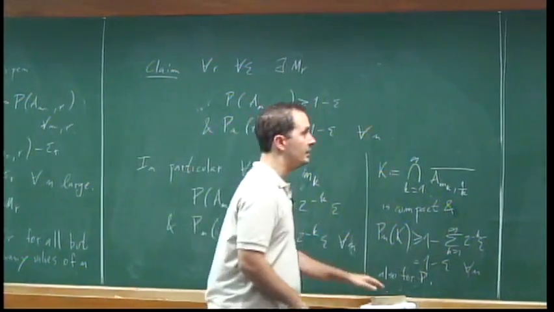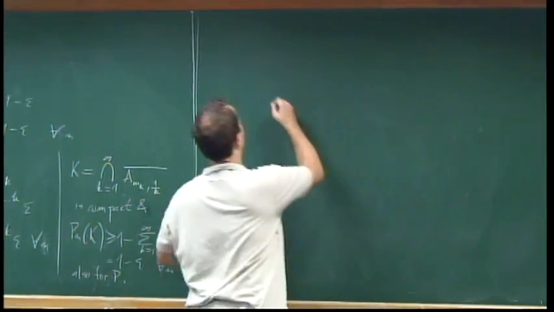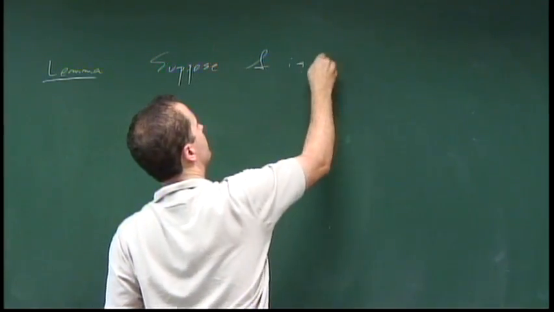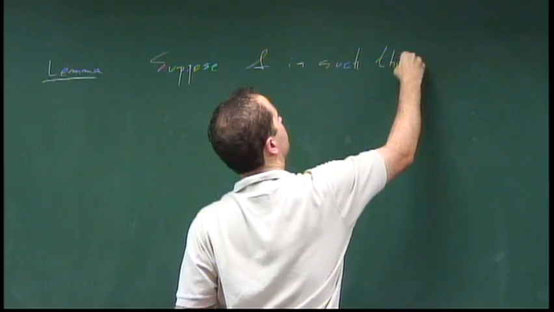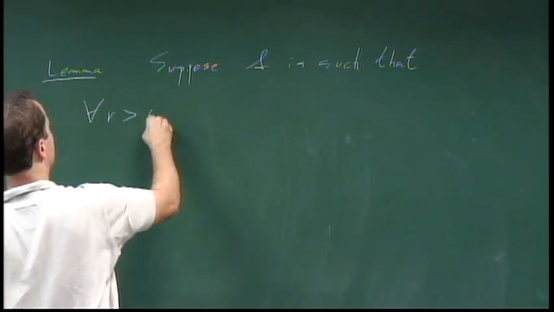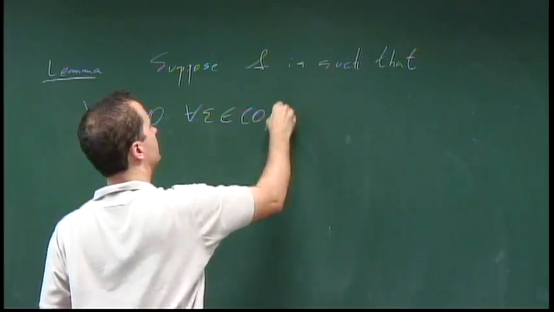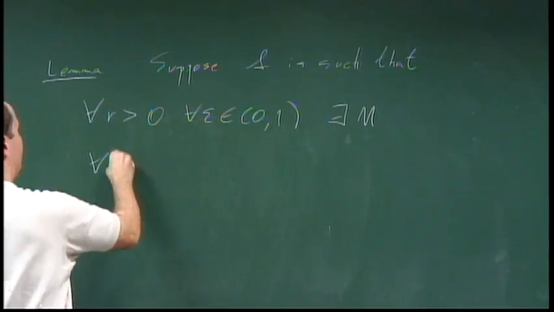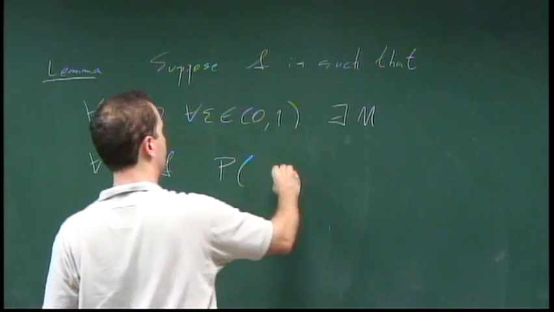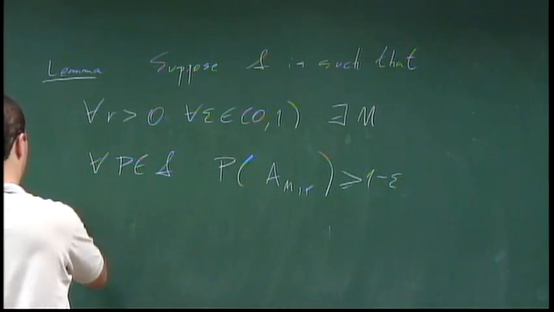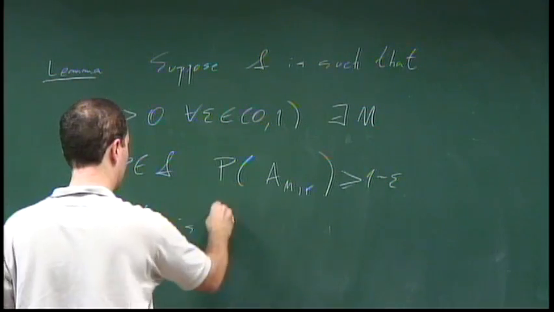So the lemma is this. Suppose S is such that for all r greater than 0, for all epsilon between 0 and 1, there exists an index m such that for all p in S, p of A_{m,R} is greater than 1 minus epsilon. Then S is tight.